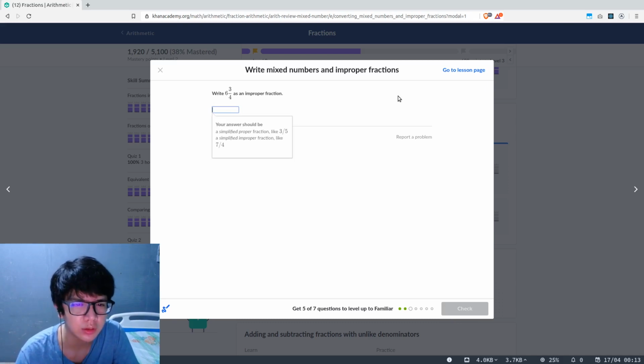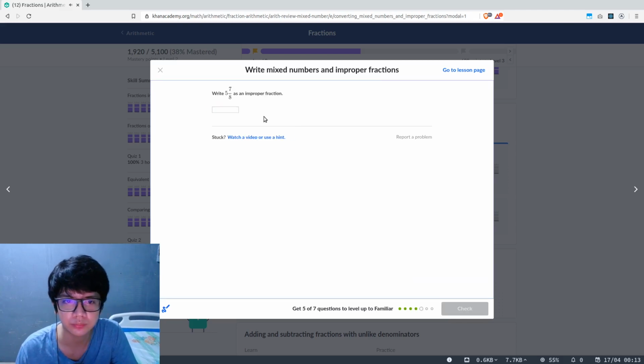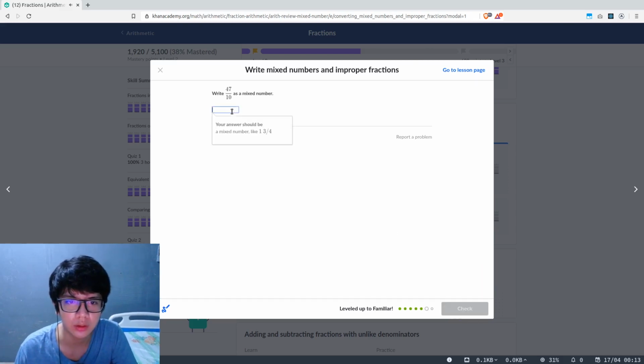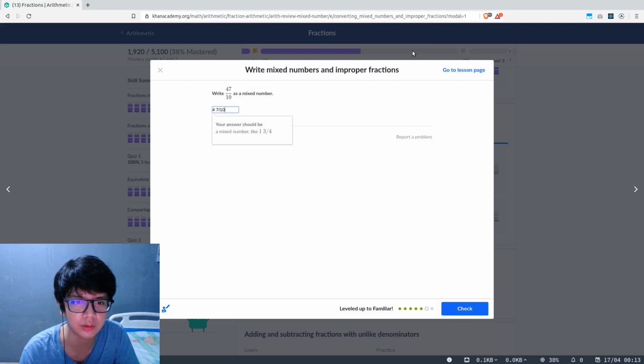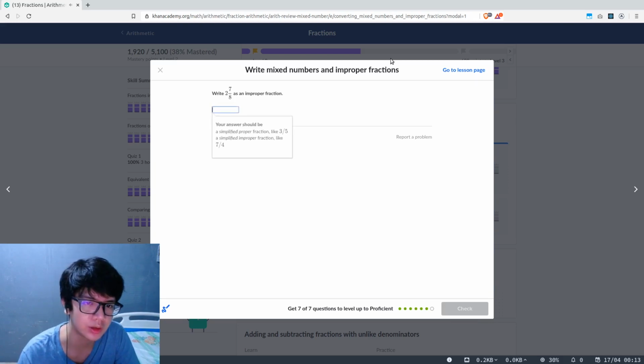What's this? 24, 27 over 4. It's a mixed number. It's going to be 4 and 1/3. It's 47 over 8. It's a mixed number. It's an improper fraction. Okay.